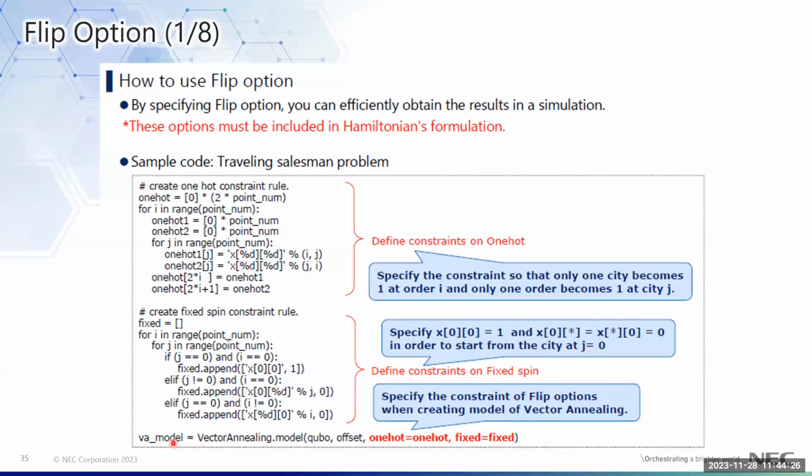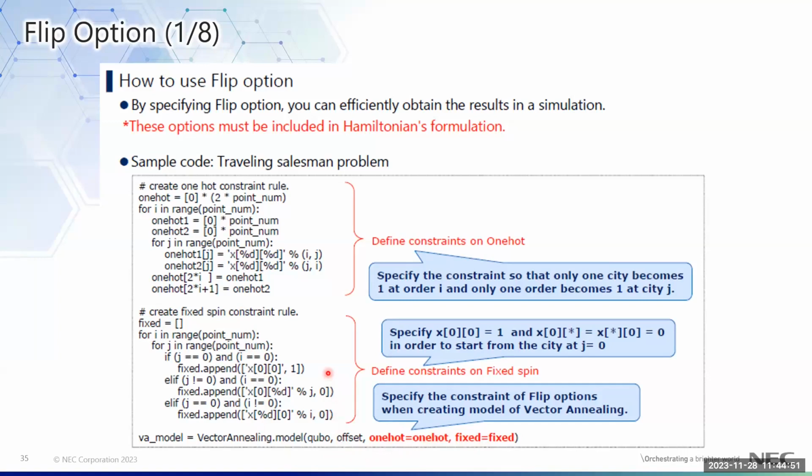So to the VA model, you will just provide an extra flip option, which is one hot. So you have provided two constraints into the code, and finally sent those constraints into the vector annealing API along with the QUBO and offset.